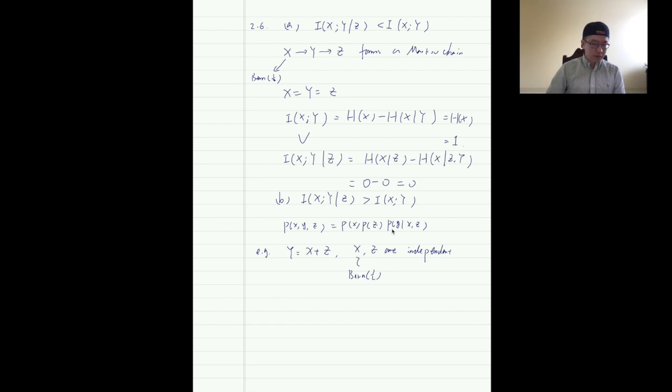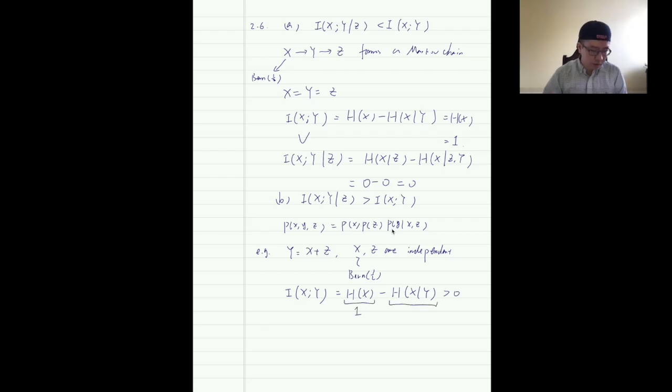Okay, so in this case, now let's compute the mutual information of x and y. So this is nothing but H(x) minus H(x given y) bigger than 0. This guy is trivial, right? That is just 1. Then we need to compute this guy here.